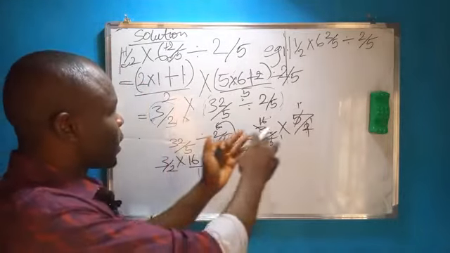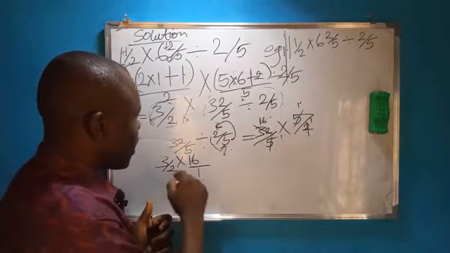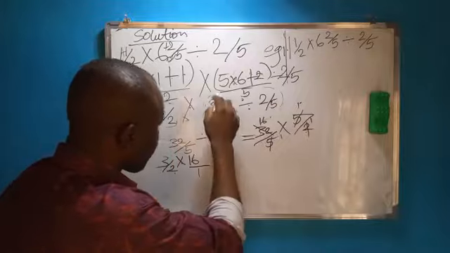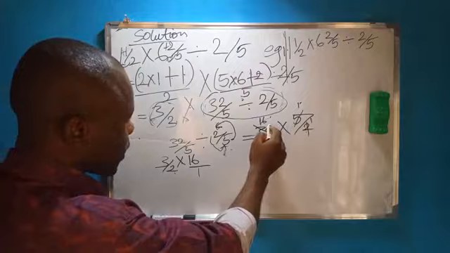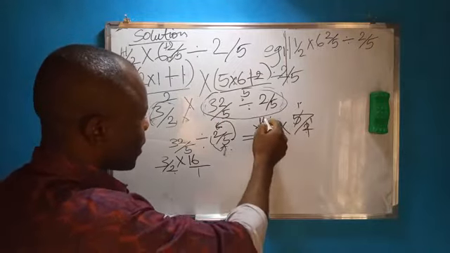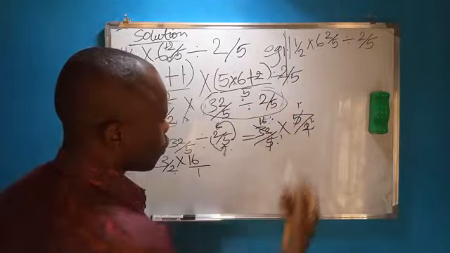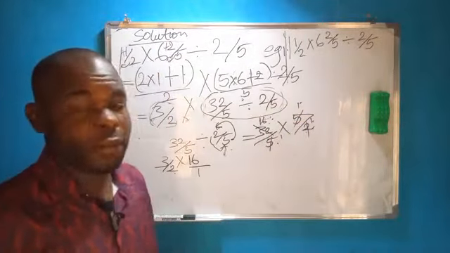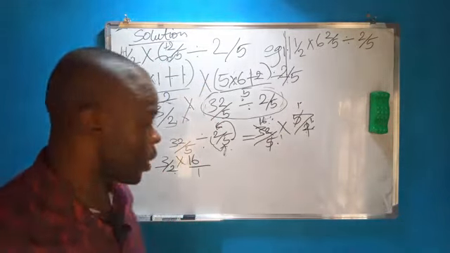We are done with division. We have entered this multiplication and we bring this down here like this. And then this times is this times. We have already resolved from here to here, which we got what? 16 over 1, because this is 16, this is 1, this is 1. So it's 16 times 1 and 1 times 1. That is 16 over 1, following my initial class where we did those operations.